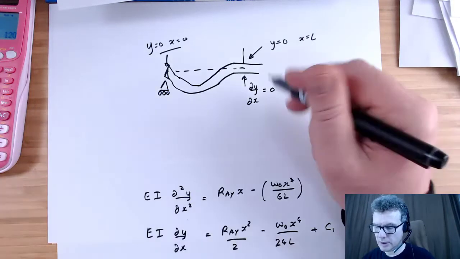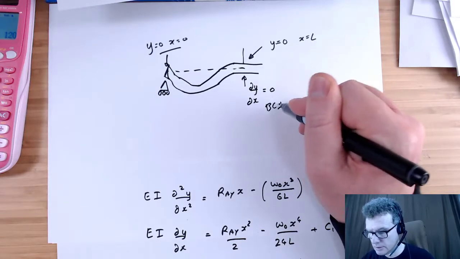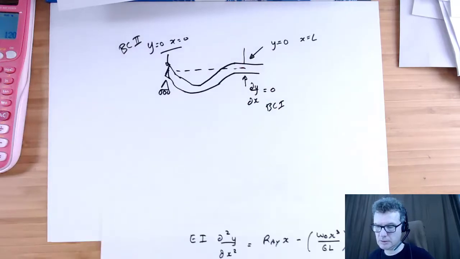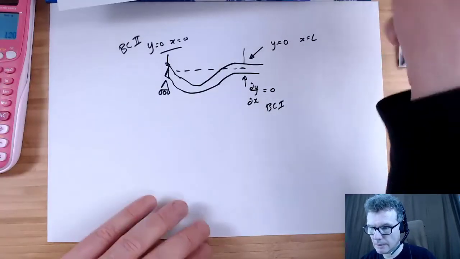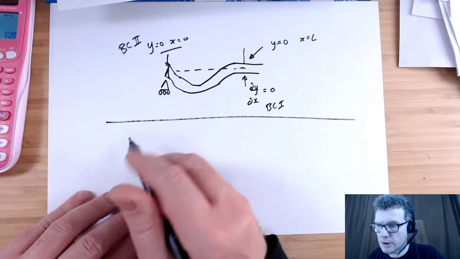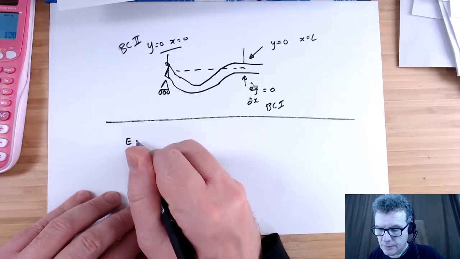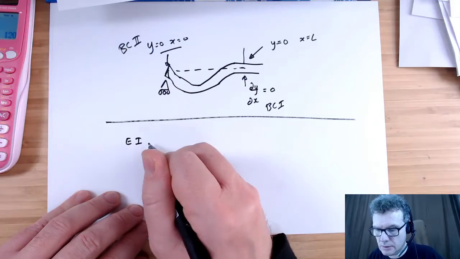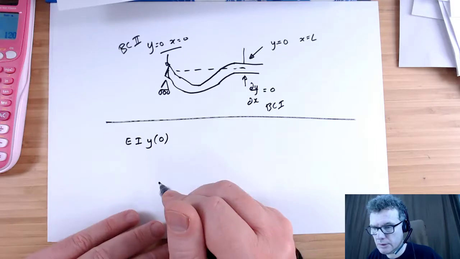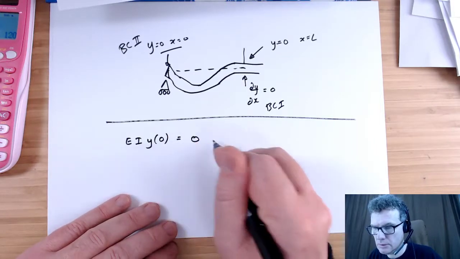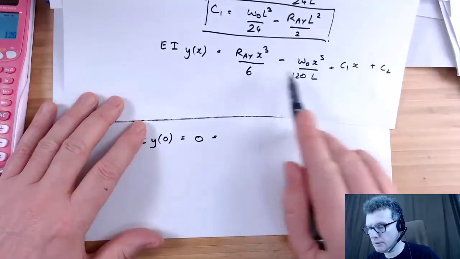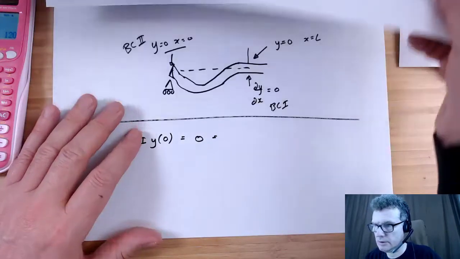We've applied this boundary condition, this will be the second one to apply. So that gives me EI y when x equals 0, y equals 0. Okay, that's 0, that's 0, that's 0, C2 is 0.